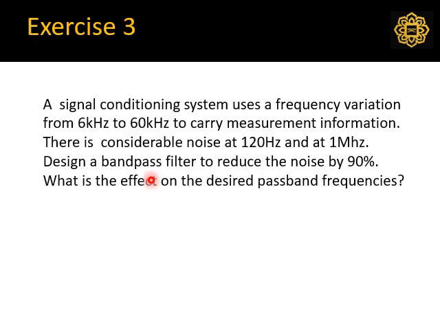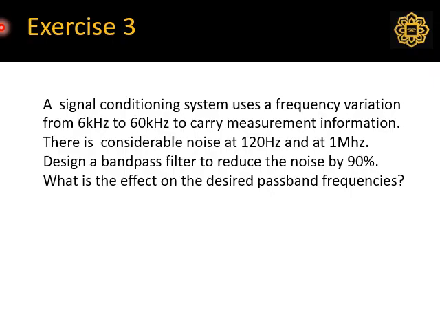So now this is an example. Let me try to do it here. You have a signal condition where the frequency variation is from 6 kilohertz to 60 kilohertz. But there is considerable noise at 120 hertz and 1 megahertz, and you need to design a bandpass filter to reduce the noise by 90%.